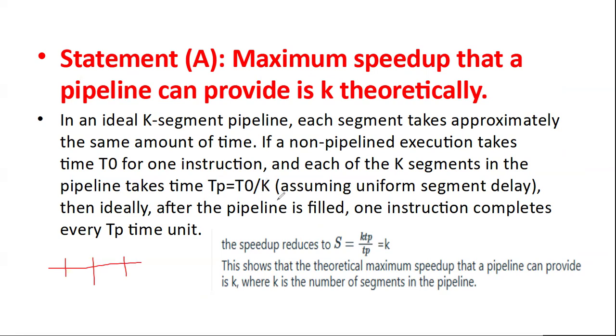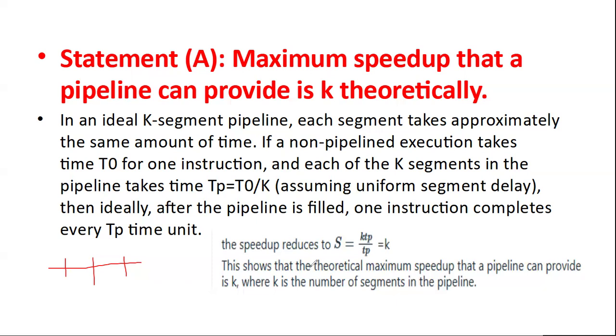That is nothing but, in non-pipelining, if one instruction is taking time, the first instruction should complete first, and only then can another one start. But in pipelining, all the instructions can be executed at a time. Each segment can process at a time, but each takes approximately the same amount of time. That is, we can achieve this theoretically, but in a real-world scenario it is not possible.